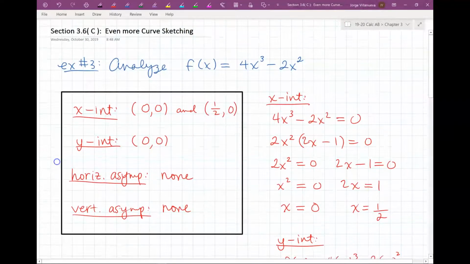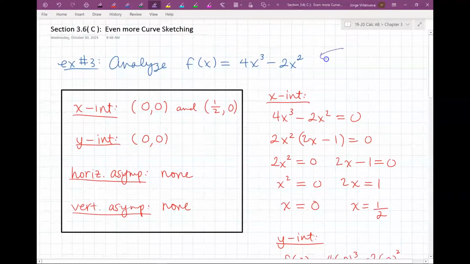You can give me a decimal, that's right, but we're going to plug in 1/3 into this. Okay, f of x is x cubed minus 2x squared, okay? Let's see, f of 1/3 is equal to 4 over 27 minus 2 over 9.